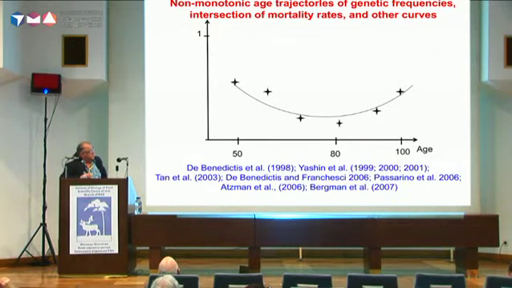What were the outcomes? 1998 data we found with Giovanni de Benedictinis and Franceschi. We saw that there was non-monotonic age trajectories of genetic frequencies, although we previously expected that there would be monotonous growth, especially in case of frailty genes.